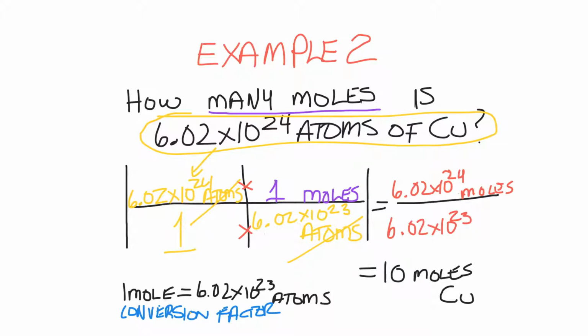And that's that. So it's not really that much more difficult using the different units. You just got to make sure that you put all the numbers in the correct slot, and everything should work out when you do the math. And again, let's see if this makes sense. We have 6.02 times 10 to the 24th atoms, right? That's more than 6.02 times 10 to the 23rd atoms.